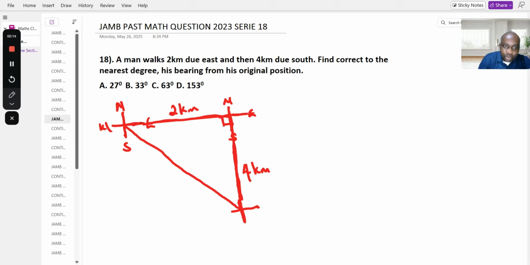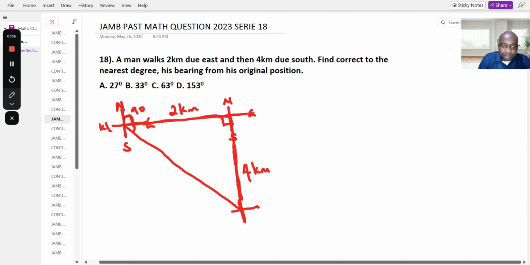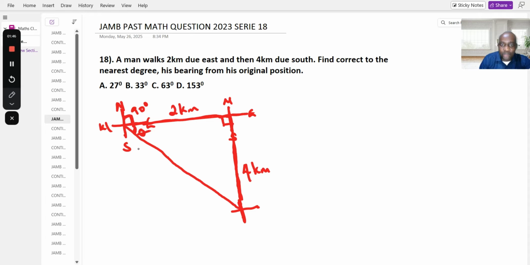Now, the bearing from its original position, if you look from here to here, is 90 degrees already. But from here to here, the inner angle, we don't know that one yet. Let's look for this one to calculate it.